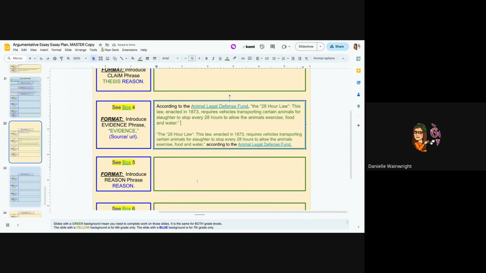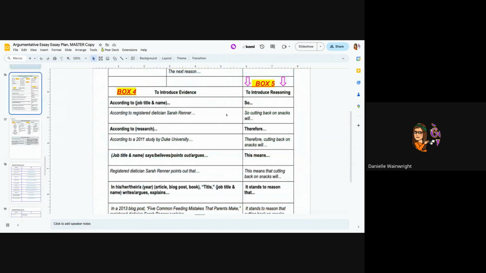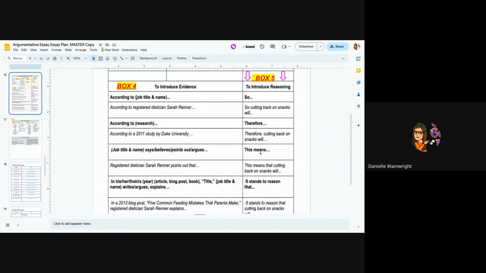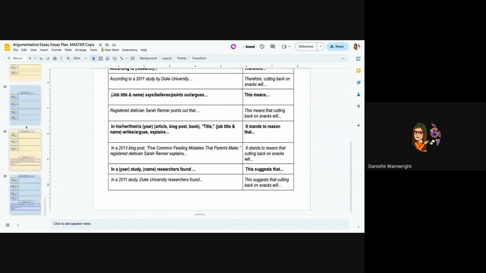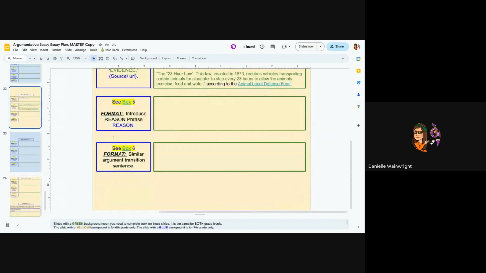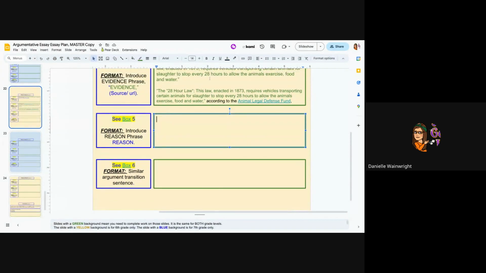Now, the next thing you need to do is introduce your reason, or you explain. You're basically explaining this evidence. So you're going to go to box 5 to get a sample of what you could say. So therefore, this means, it stands to reason, this suggests, those are all your options. So I want to use something different than I did. Okay.